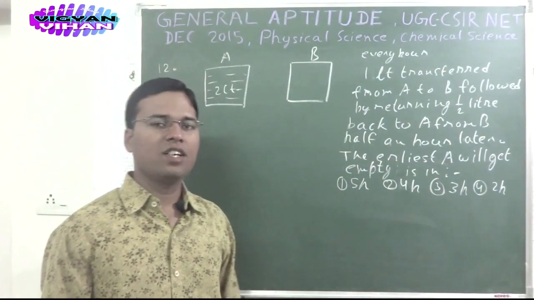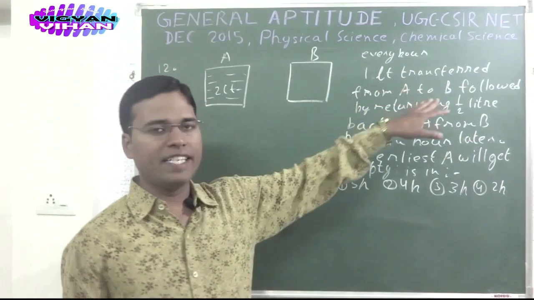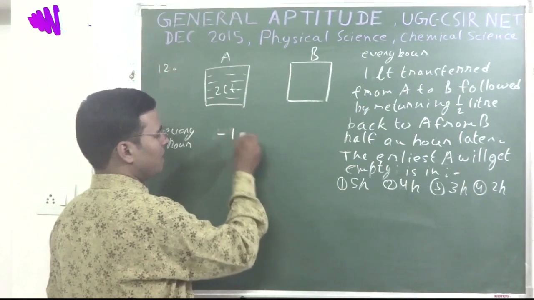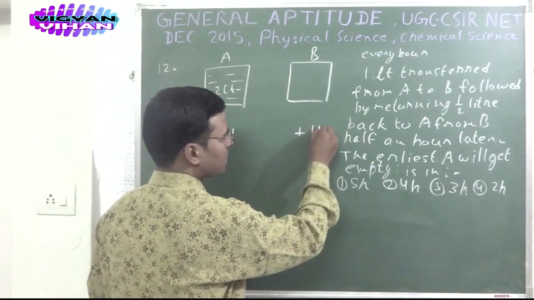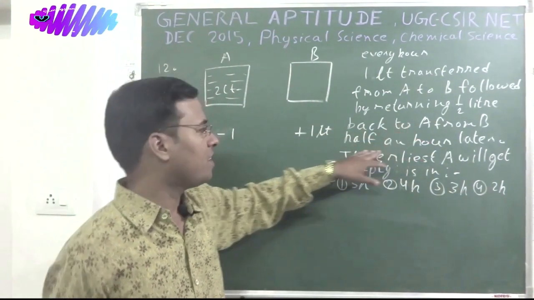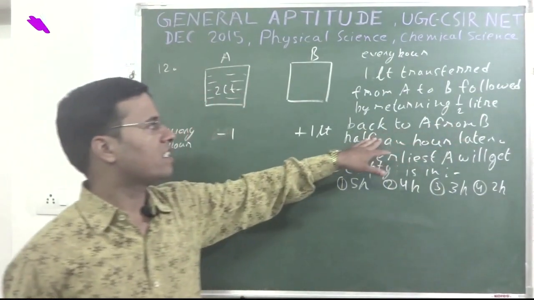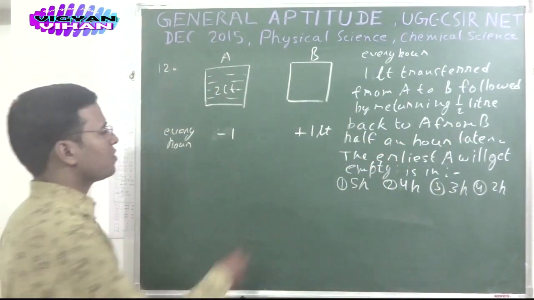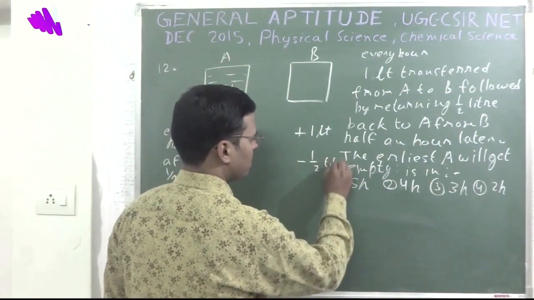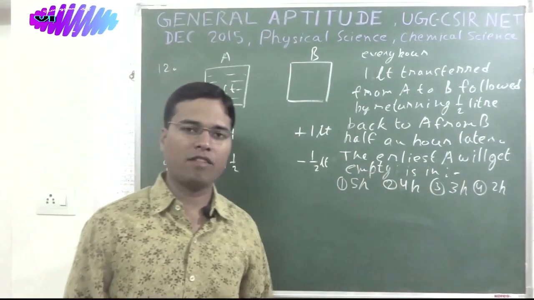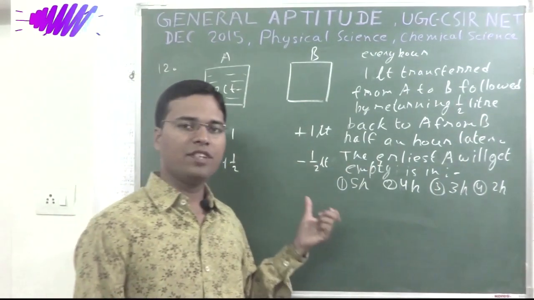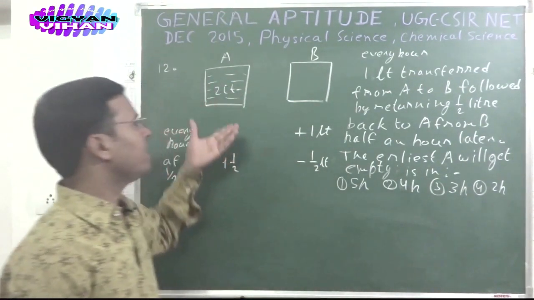According to the given process of the problem, every hour 1 liter of water is transferred from A to B. Every hour minus 1 liter, and then added to the second container B. And after half hour, half liter of water is returned back to A. Then we will have to calculate the earliest time container A is emptied.